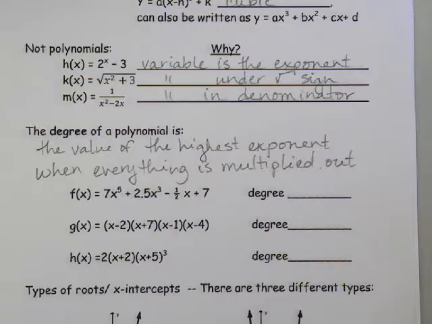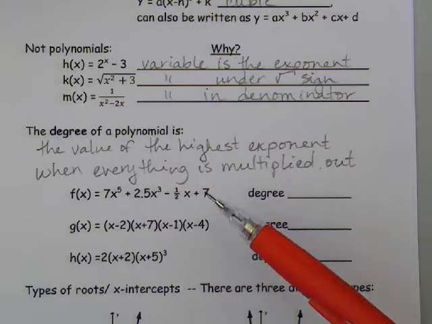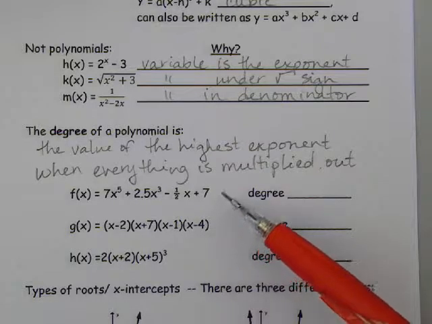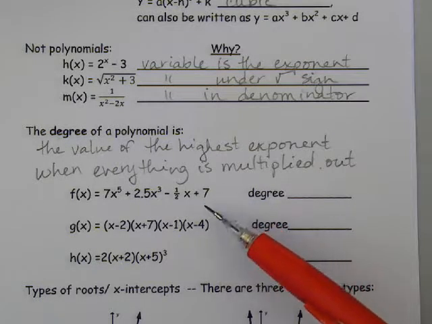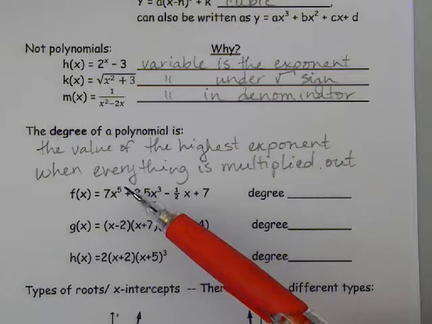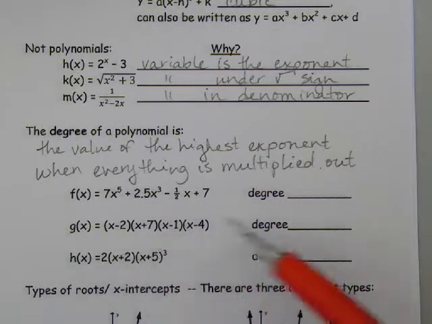So when you're in standard form. Just to give you an idea here, f of x is in standard form. We have our exponents in descending order. There are no parentheses that we have to worry about.